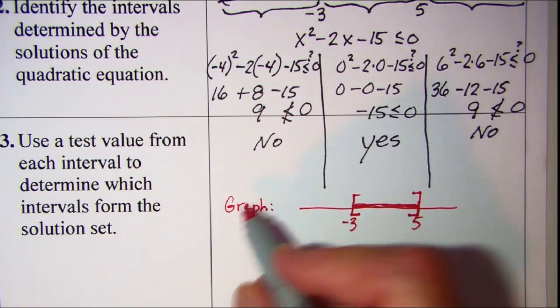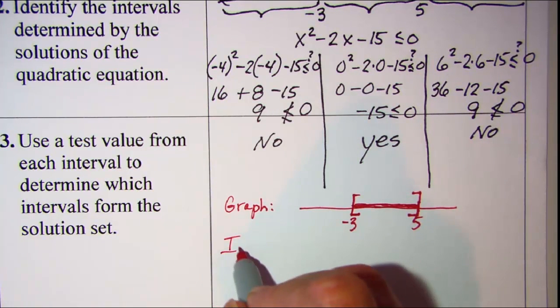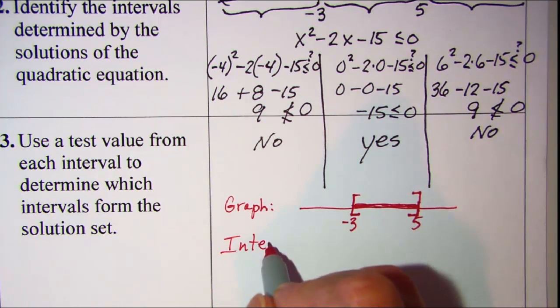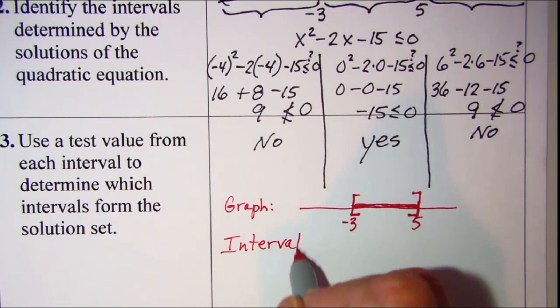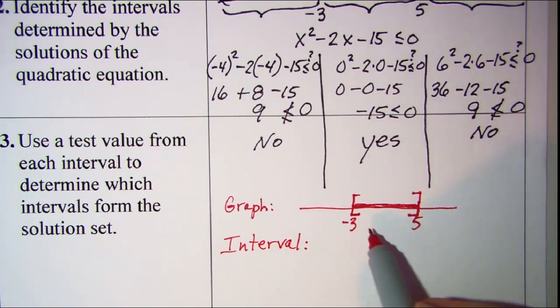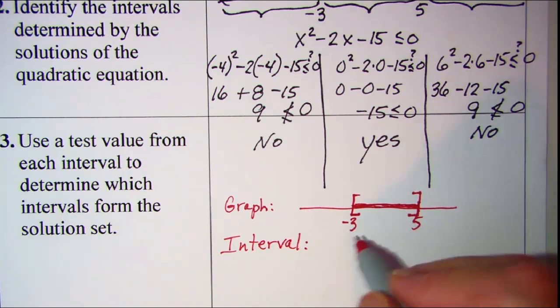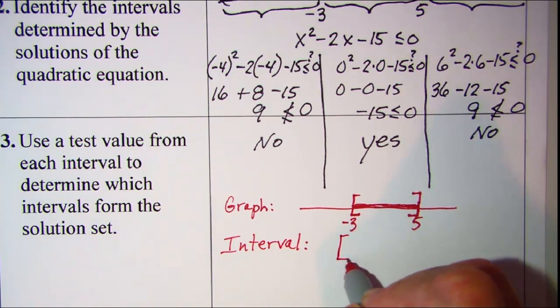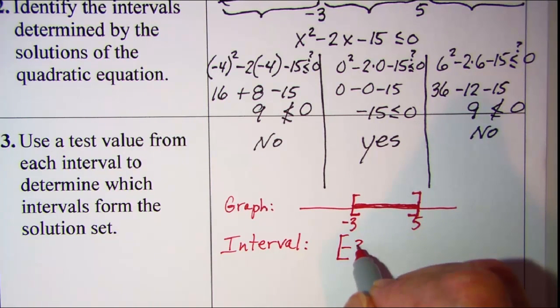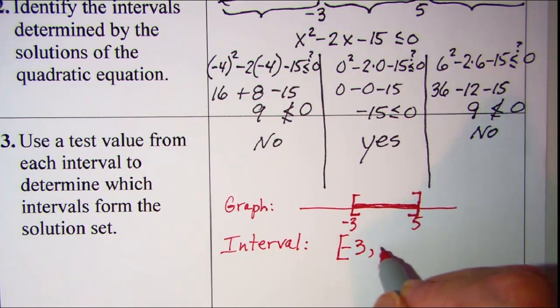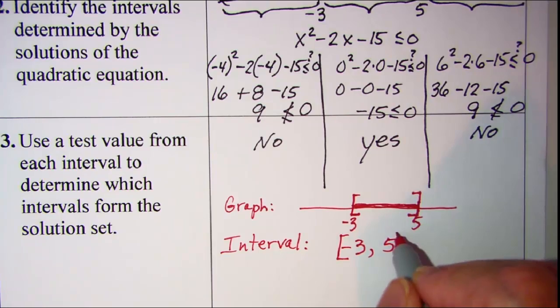If I was asked to give it in interval notation, the interval notation looks very much like this. I would have a squared off bracket and then the left boundary, comma, and then the right boundary and a squared off bracket.